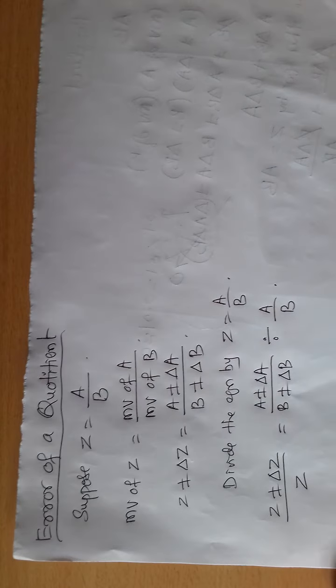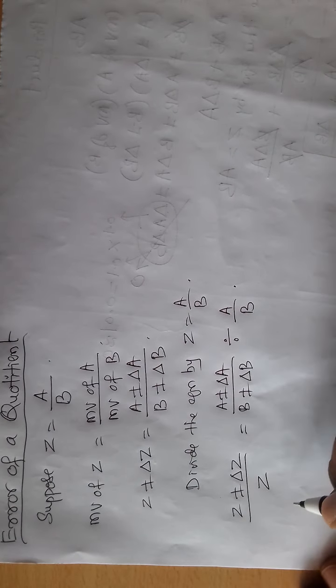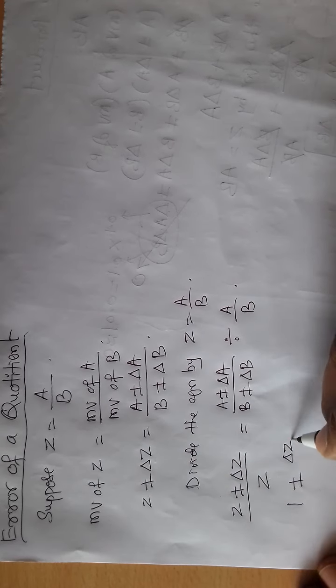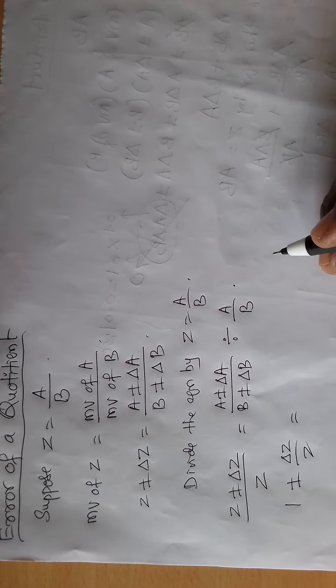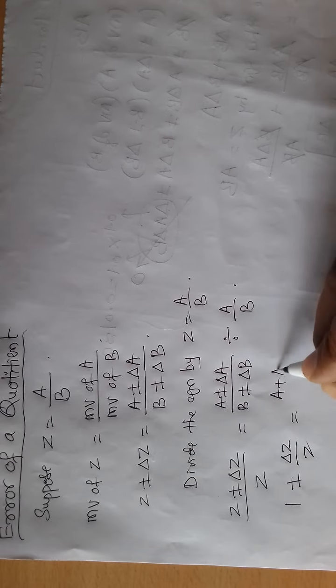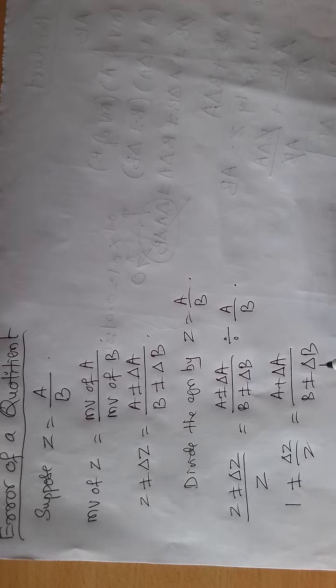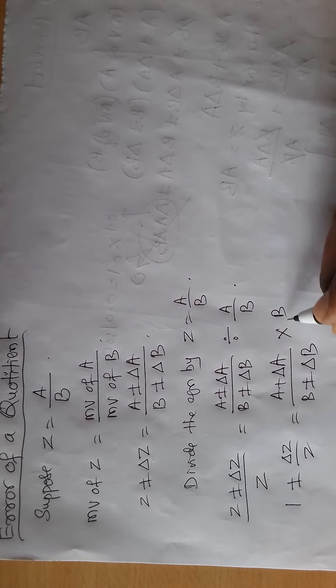Now on the LHS, z by z is 1, next delta z by z. And here a plus or minus delta a by b plus or minus delta b into b by a.